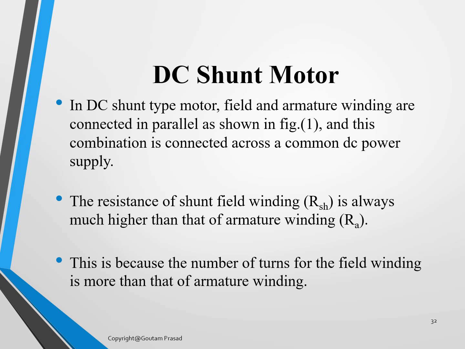DC shunt motor. In this type of motor, the field winding is connected in parallel with the armature. So this is called the DC shunt motor, or you can say the field winding is connected in shunt with the DC motor's armature.